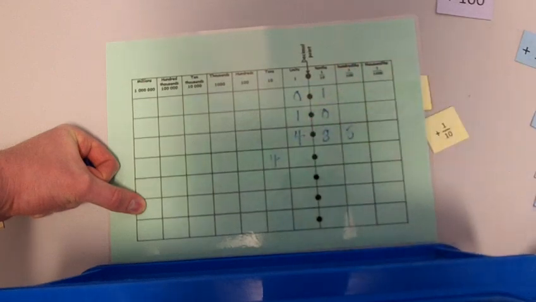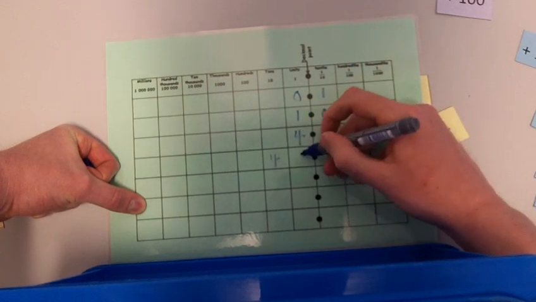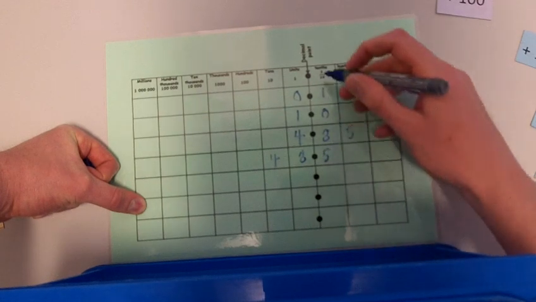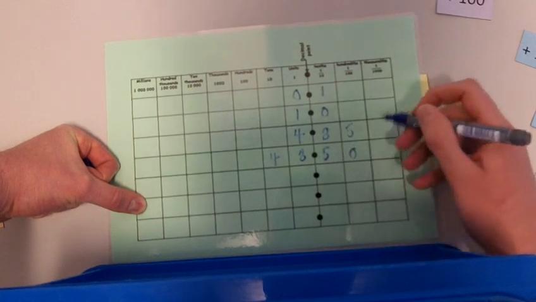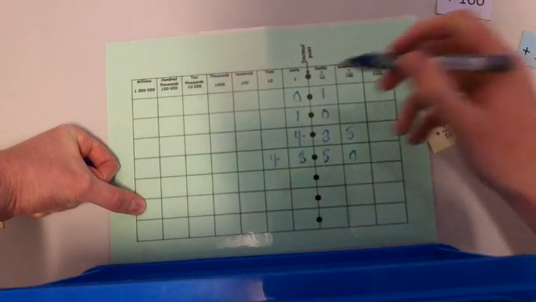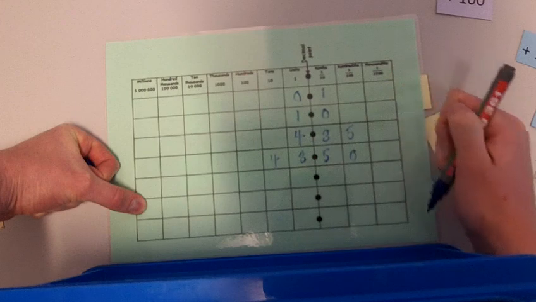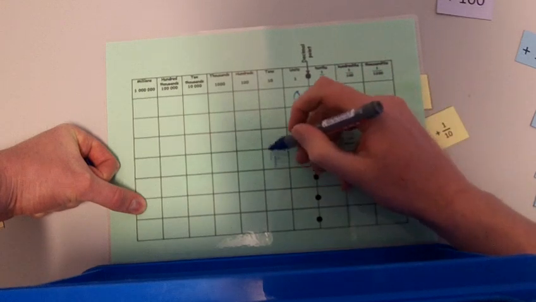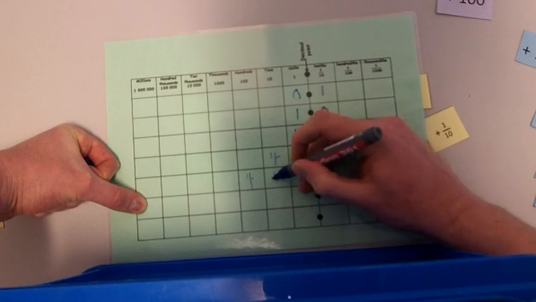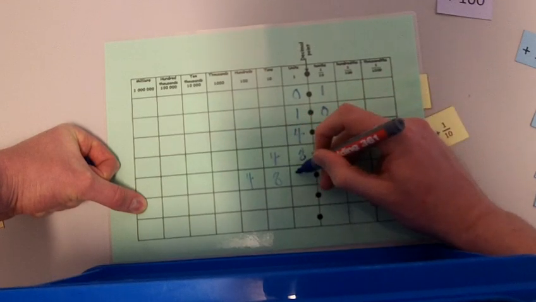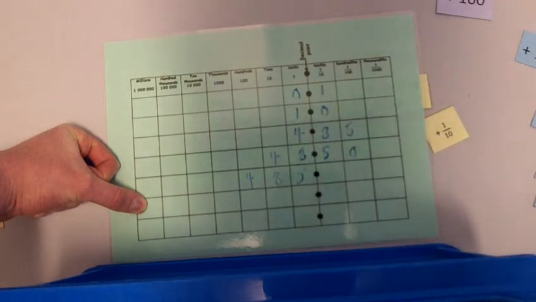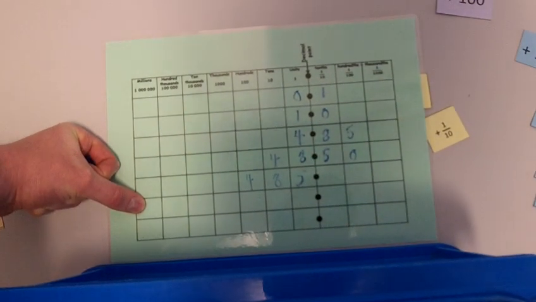The 4 will move into the tens column, the 8 will move into the units column, and the 5 would move to the tenths column, and now there are no more hundredths. If I times that 48.5 by 10, the 4 moves into the hundred column, the 8 moves into the 10 column, and the 5 moves into the units column. So it would be 485.